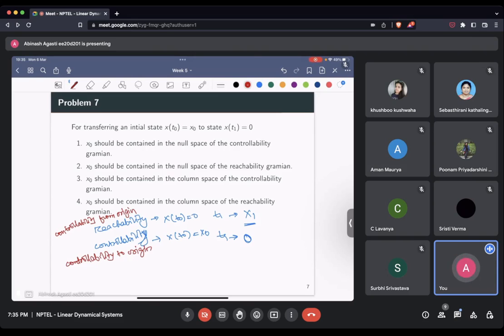While controllability means you are at some state, and if you are able to reach the origin from that state using some control, then that state is a controllable state, or it is controllable to the origin, right? The names make a lot of sense. So this situation that we have refers to controllability.